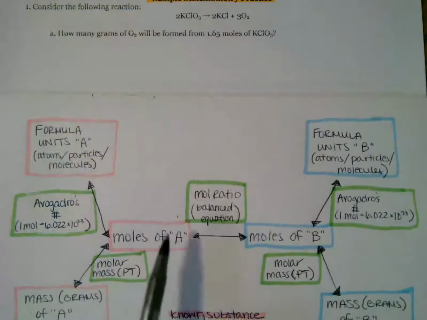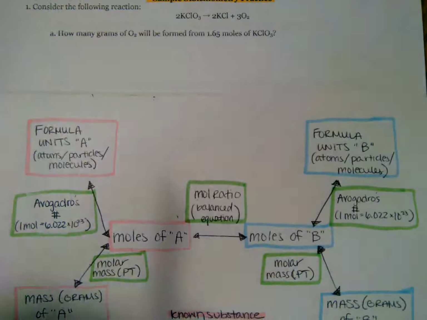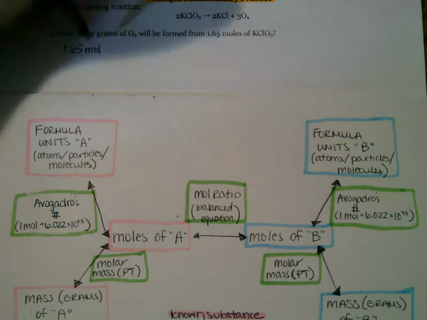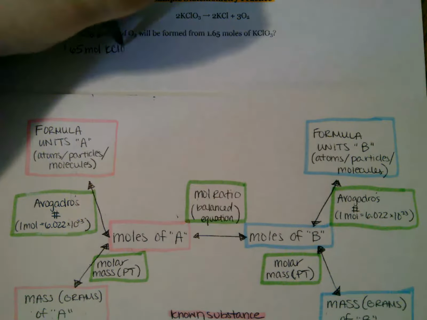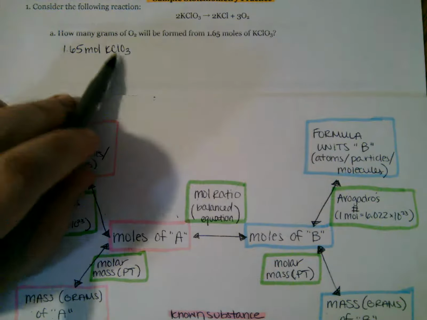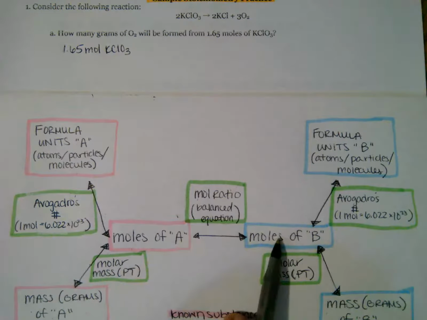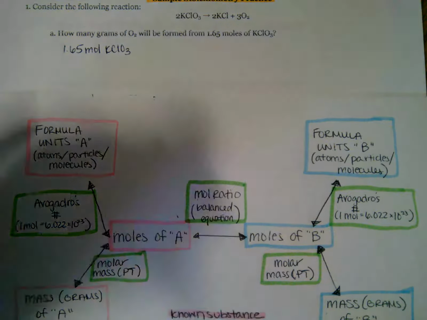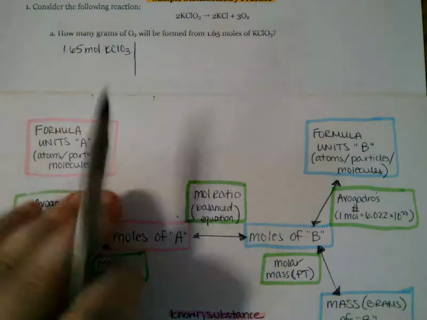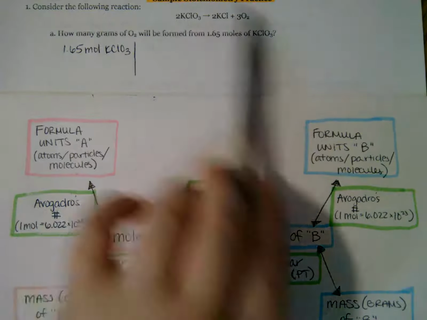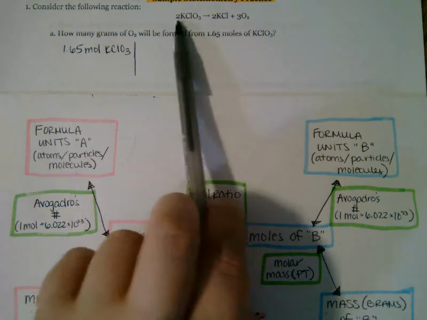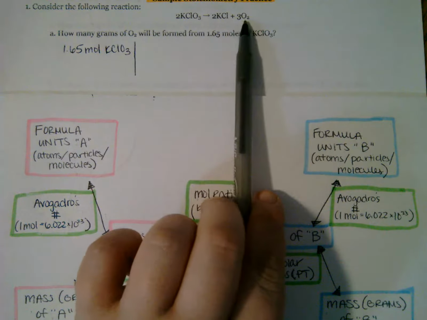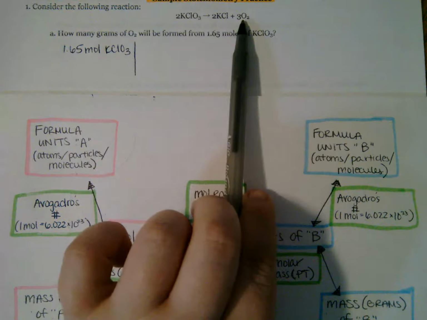We said we're starting out here with moles of potassium chlorate. So we've got 1.65 moles of potassium chlorate. And now to get to moles of oxygen, we need to look at that mole ratio from our balanced equation. Remember, those values come from the coefficients, right? Because what this equation is saying is for every 2 potassium chlorates that react, we get 3 oxygen gas molecules out, right?